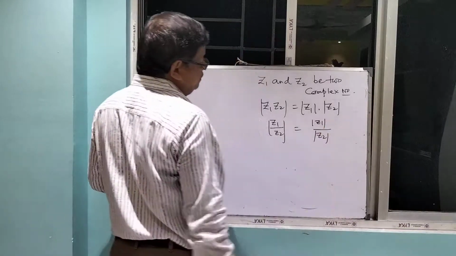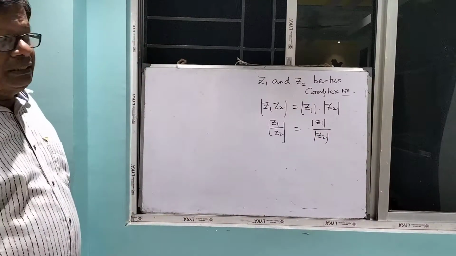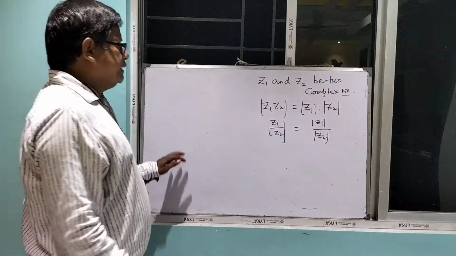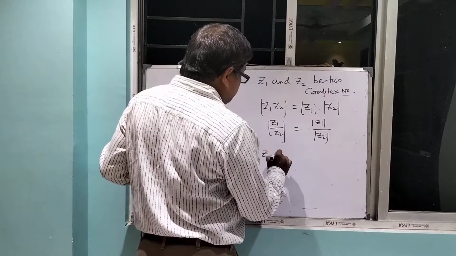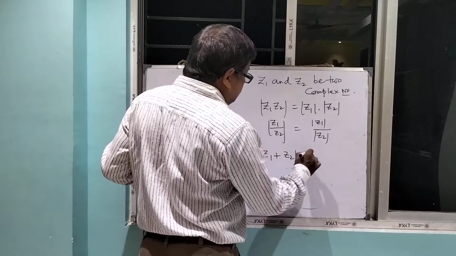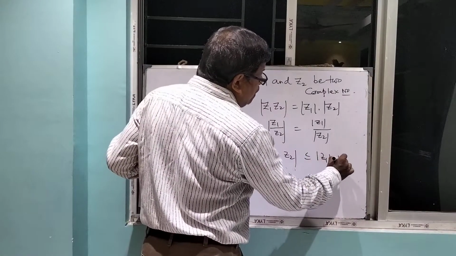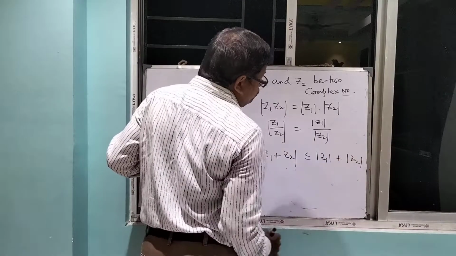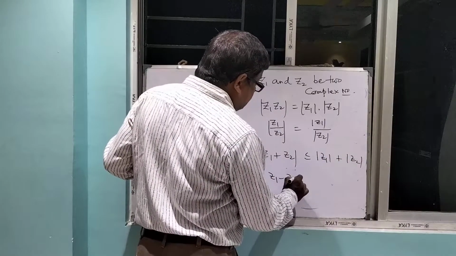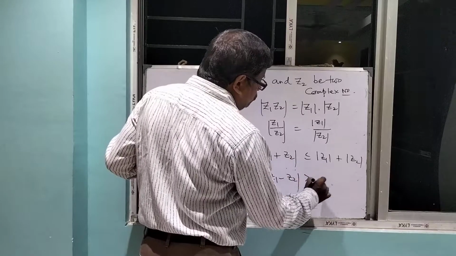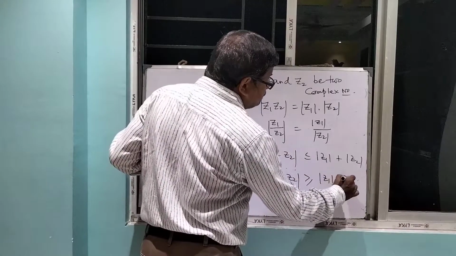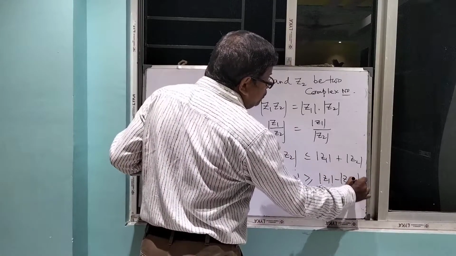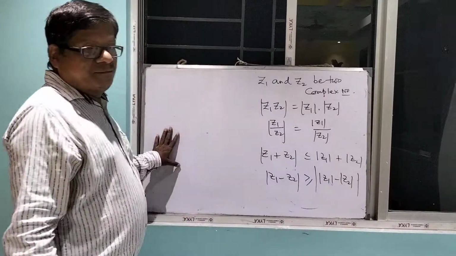Mod of Z1 plus Z2 is always less than or equal to mod Z1 plus mod Z2, and mod of Z1 minus Z2 is always greater than or equal to the mod of mod Z1 minus mod Z2.